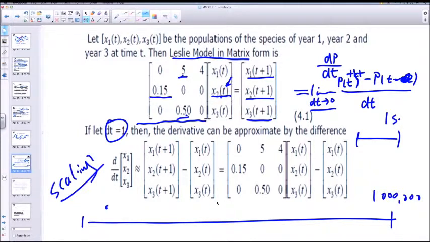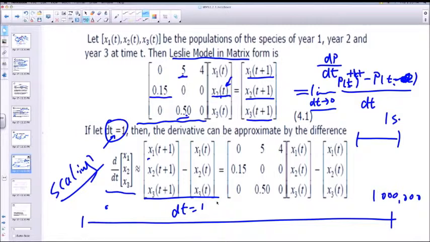So if you look at it this way, agree with me, dt equal to 1 is not too bad. We are going to consider hundreds of years. Look, this change divided by dt, which equals 1, you can approximate as the derivative of the 3 functions with respect to t.